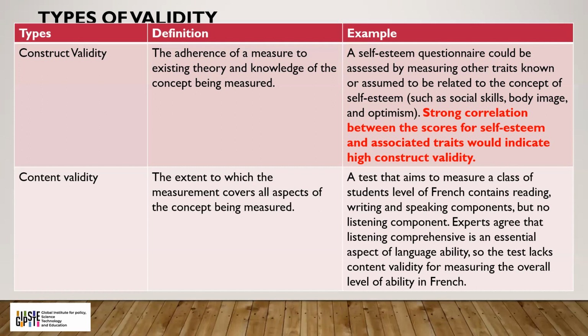Experts agree that listening comprehension is an essential aspect of language ability. So the test lacks content validity because it doesn't cover all aspects for measuring the overall level of ability in French. But if you include all these components, then it may have content validity because it covers all in terms of the ability.